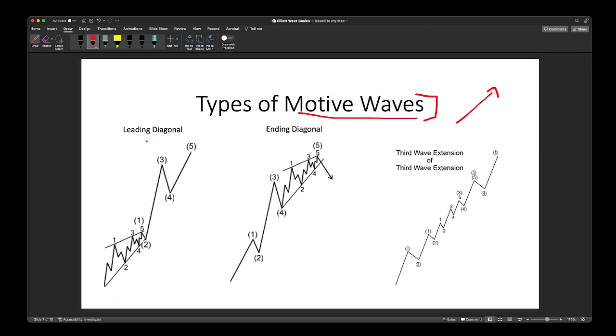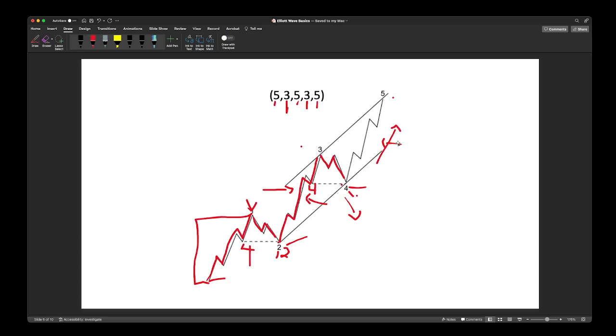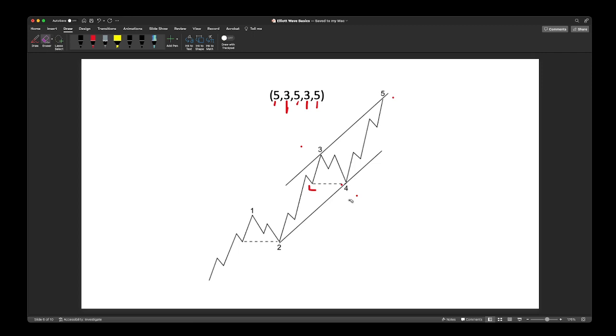Okay, the leading diagonal. So we already went over the impulse wave here. This is your most common wave, an impulse wave.